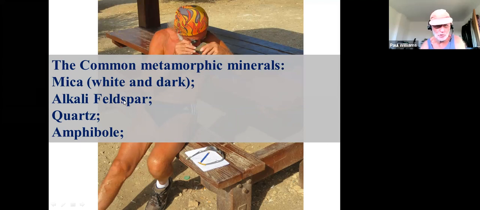Alkali feldspars are also very common in metamorphic rocks, as is quartz and amphibole as well. So these will be a standard inventory for many of the metamorphic rocks. We've done these previously, so I'm not going to consider those tonight. It's only the ones that we've not seen before that we'll consider.